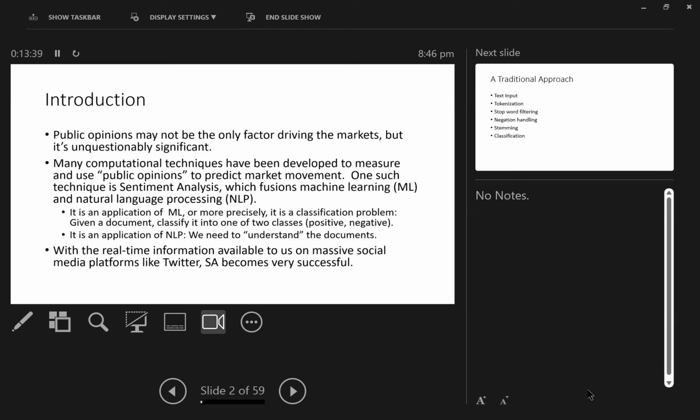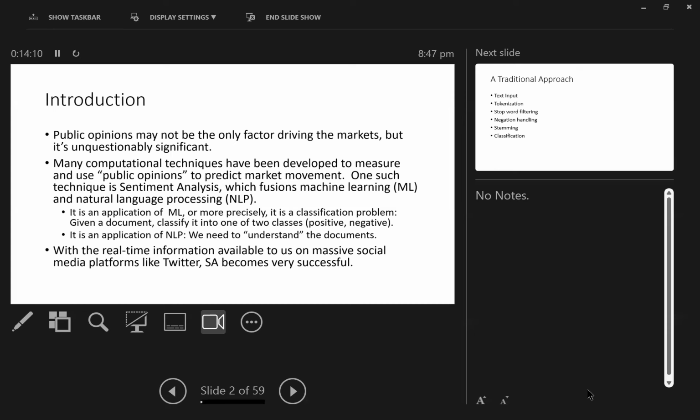But at the same time, if you want to take this public opinion into consideration, and you want to do it automatically, then you need to develop a system that can understand the media in order to have some idea of the public opinion, and this involves natural language processing.